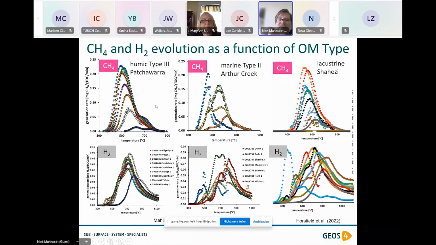So that's indicating that during maturation, the precursor structures for methane in the kerogen are destroyed, or gas was generated.